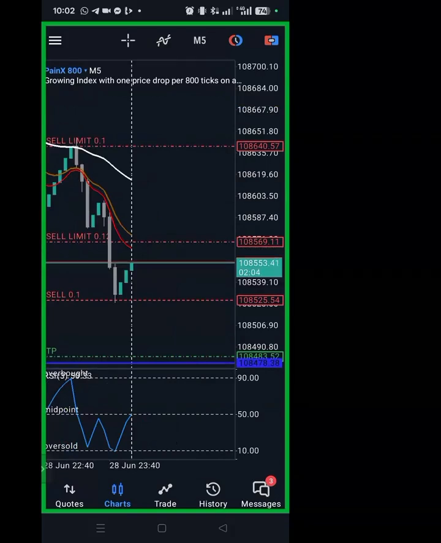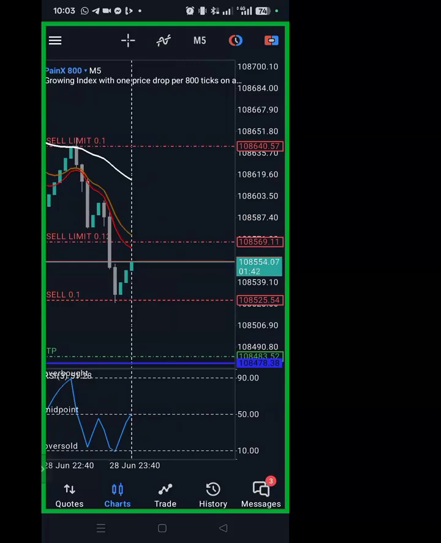Anything above the 50 is overbought, but you don't begin to enter sales from the 50. You wait when it gets to 90. The 90 is telling us that we still have a long way to go upward. No wahala. That's why I've set this sell limit.